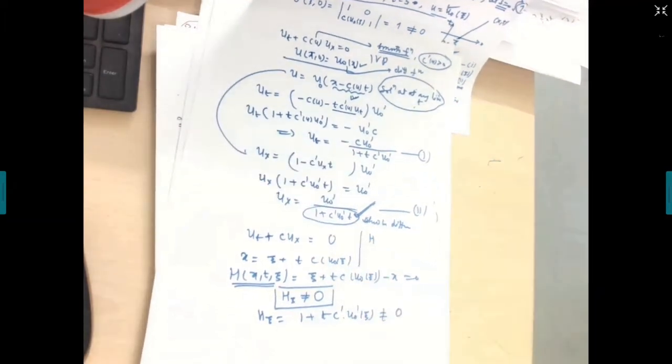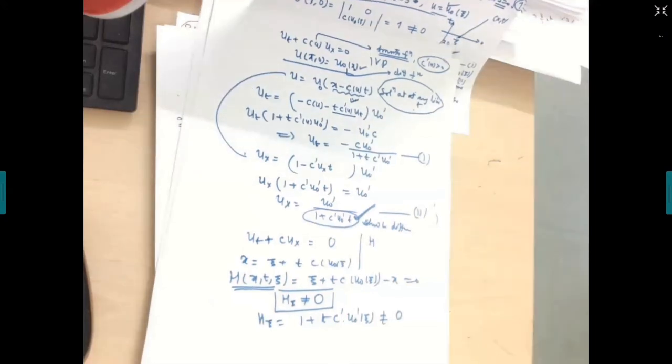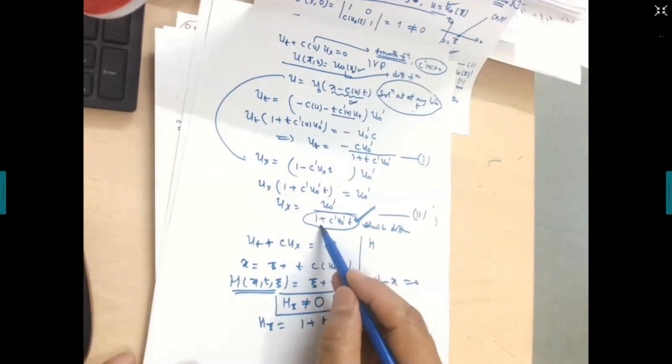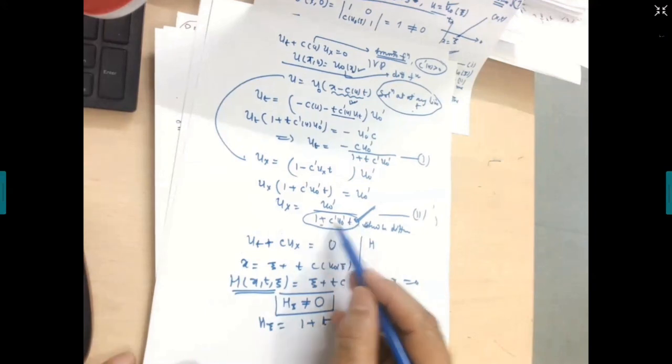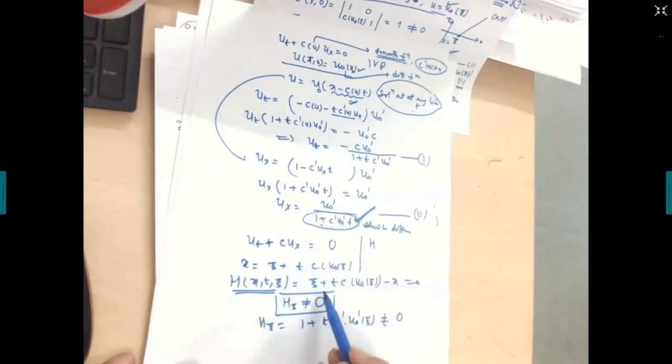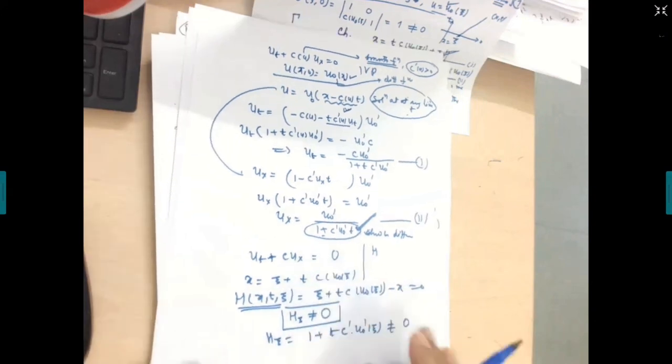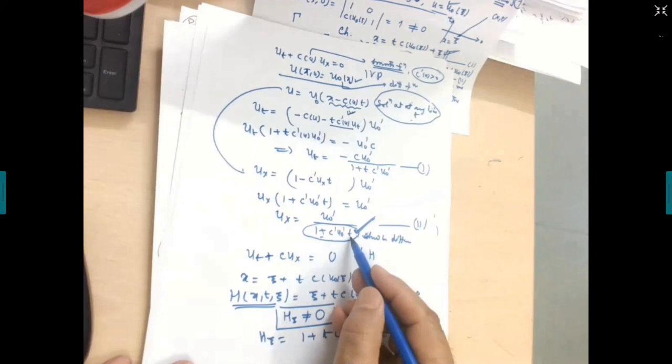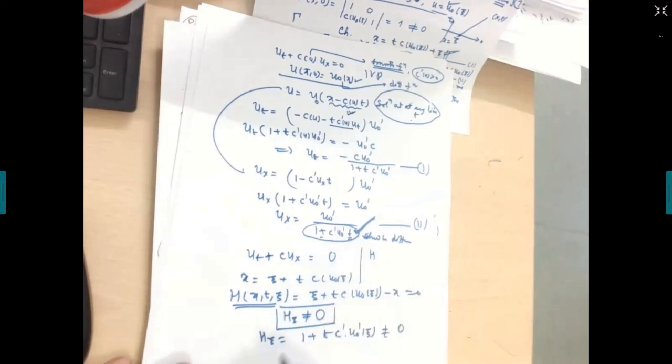So it's very clear. u can be expressed as a function of x and t explicitly as long as this is different from 0. Your t is always positive. Suppose this is your x-axis, this is your t-axis, and this is the initial profile, u is equal to u naught of x.